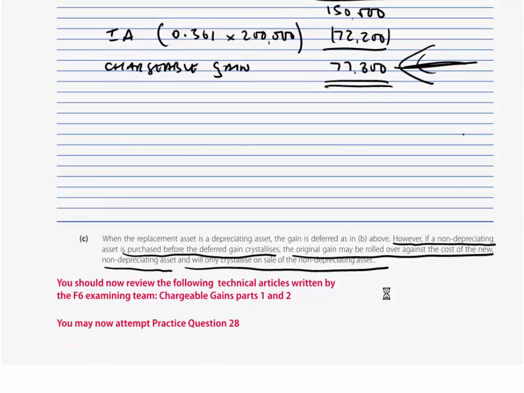Right. Again, just note, as noted down here, it is time now to read a technical article or two, on chargeable gains, parts 1 and 2. If you haven't already read them, now is the time for you to review them. And it's a working exercise, as most of the technical articles written by the F6 examining team are.